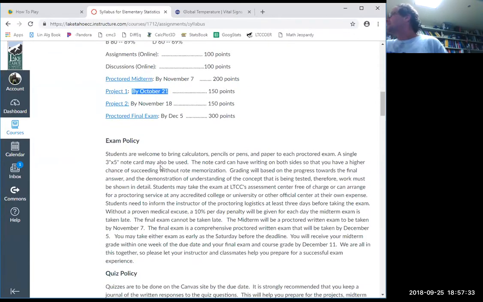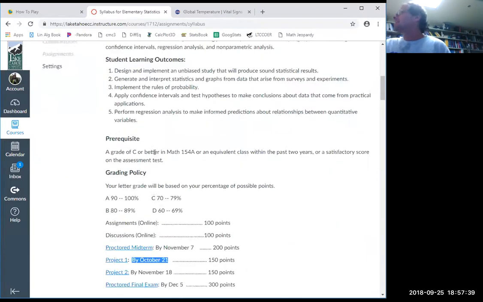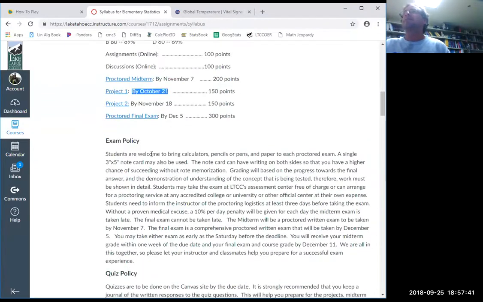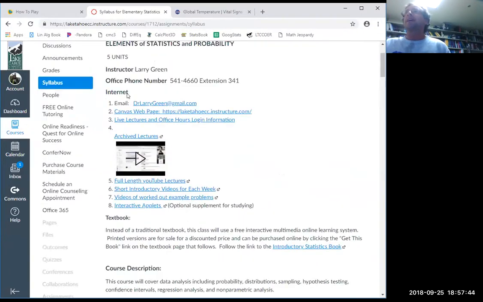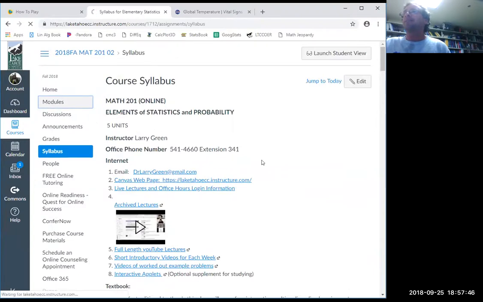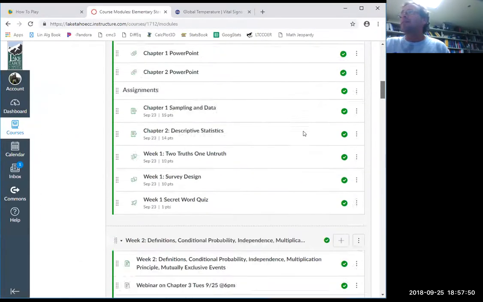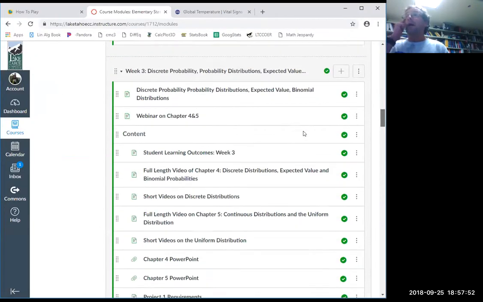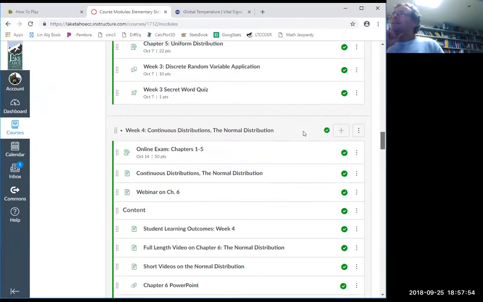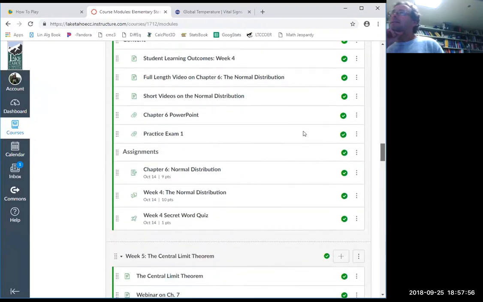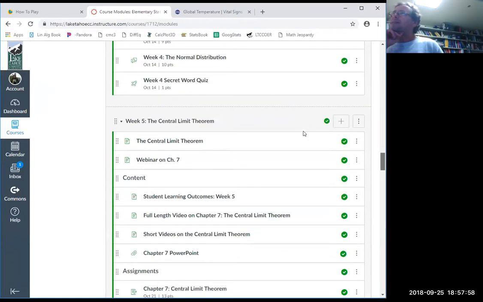It should be Sunday. I always have things due Sunday, and I just noticed on the calendar the 21st is a Saturday. So I'm going to have to check that. I think it's the 21st. Let me double check before I mention it. Sorry if there was a typo. I might have misread my calendar.